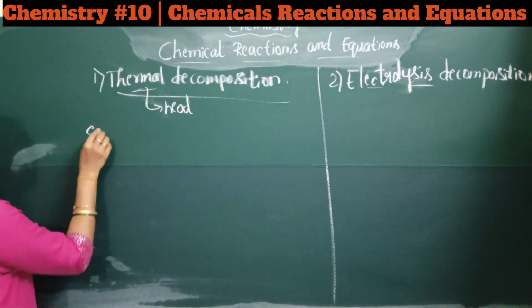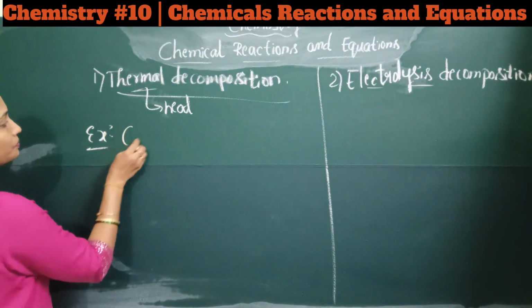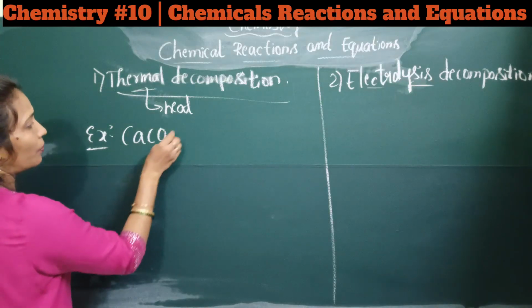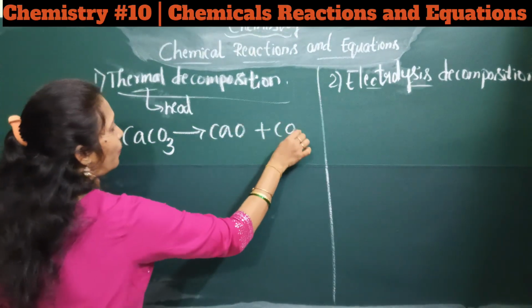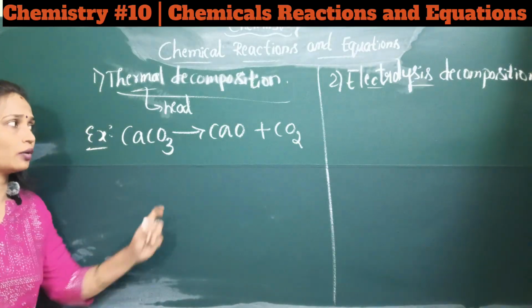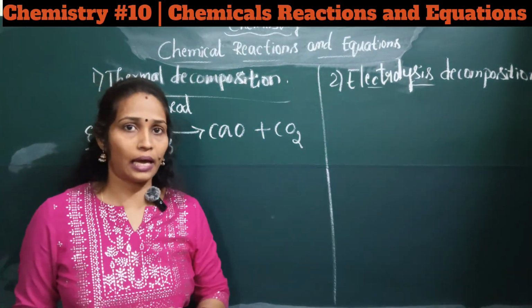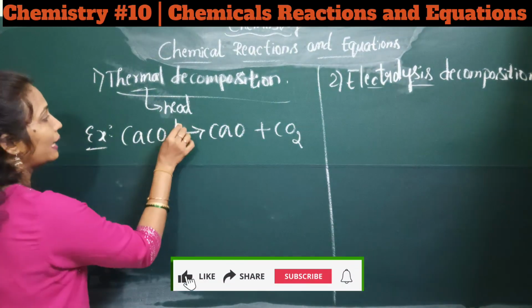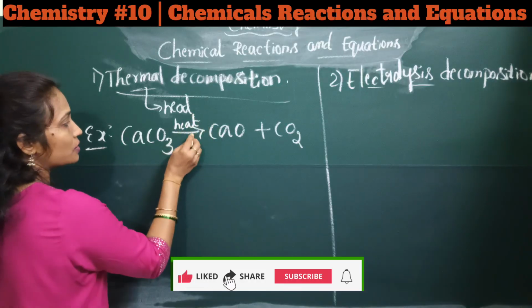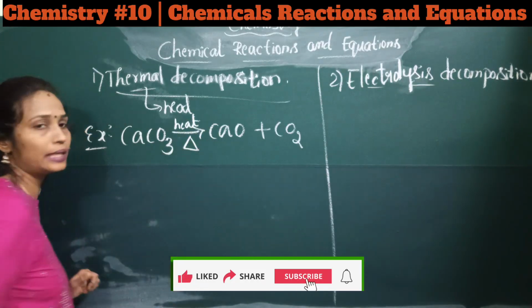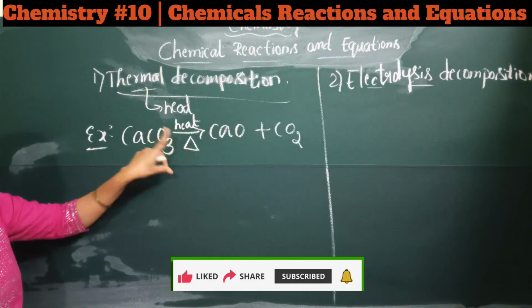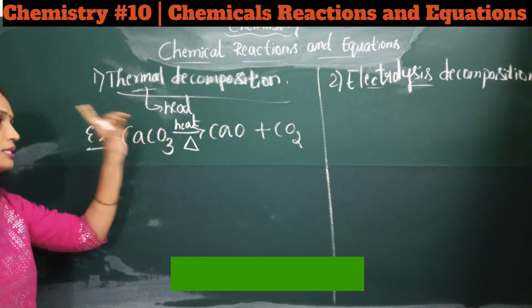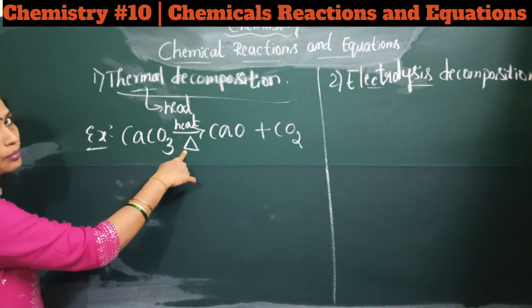So for this, take down an example. When calcium carbonate is heated, the products obtained are calcium oxide and carbon dioxide, only in the presence of heat. We can represent heat with a triangle symbol. Wherever you observe the triangle symbol in a chemical reaction, take it as thermal decomposition.